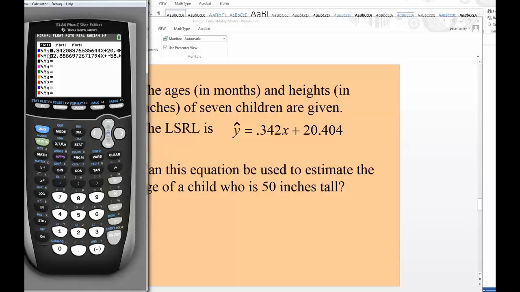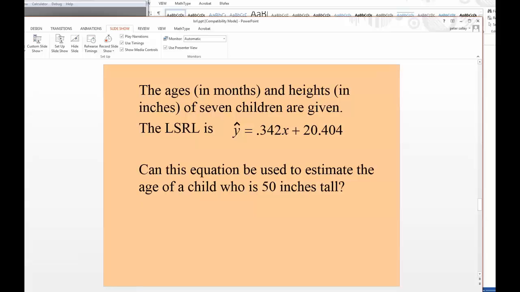Okay, and if I want to use this to predict at 50 inches, I'm sorry, I wanted vars. So I want y2 with 50, and that'll predict the age of someone who is 50 inches tall. And so I predict 86. Again, we might be looking outside our data range, so we want to watch extrapolation here.